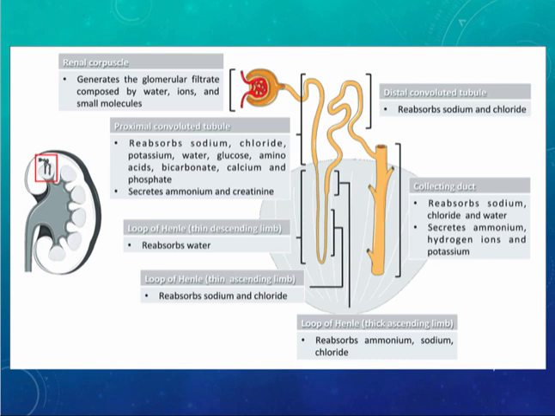Understand that it affects your sodium, chloride, potassium, and bicarb levels. That's why it affects your acid-base balance, and I know you talked about this previously with acid-base. Secretion of creatinine, reabsorption of water. I want you to have a good overall picture of what it affects.